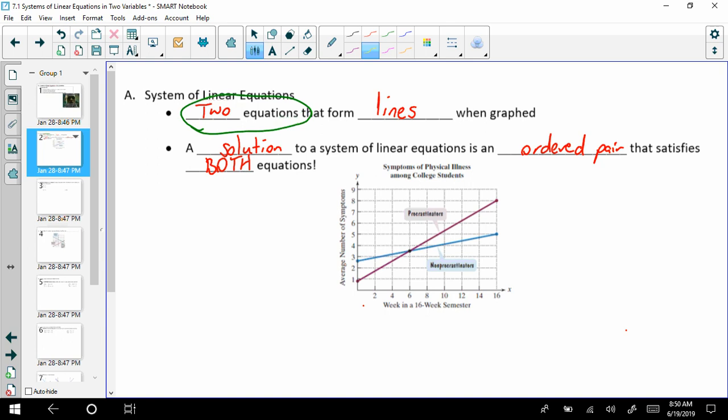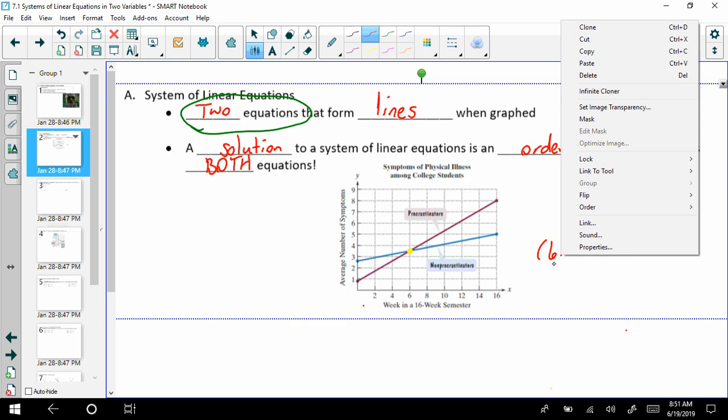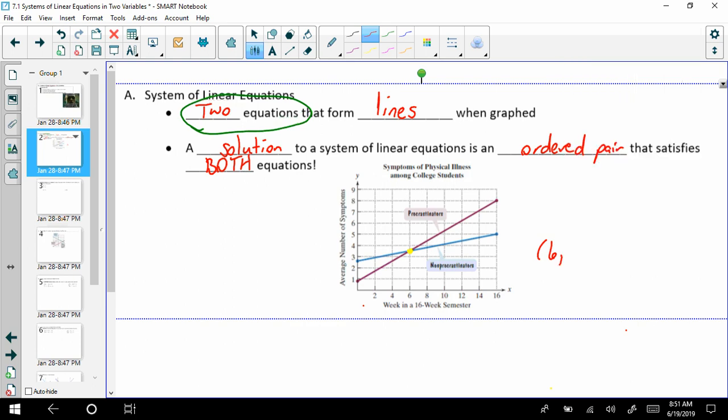Where are they in the same place at the same time? And it would be right here. So maybe that ordered pair would be 6, comma, I'm going to call that 3.5. That would be a solution to the system because it would work for both lines. Both lines have that point in common.